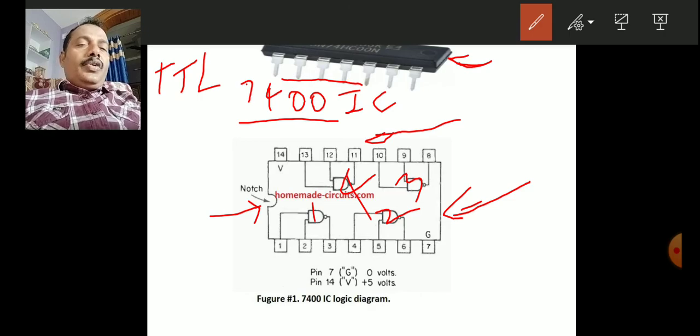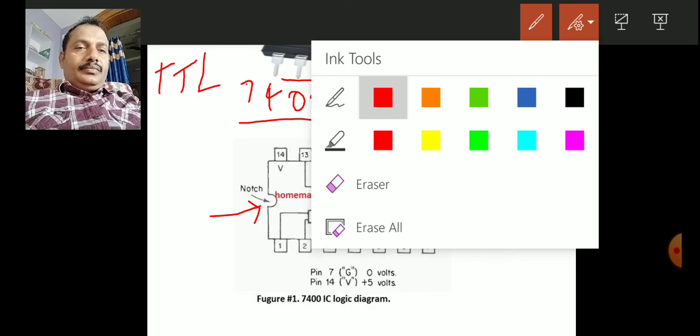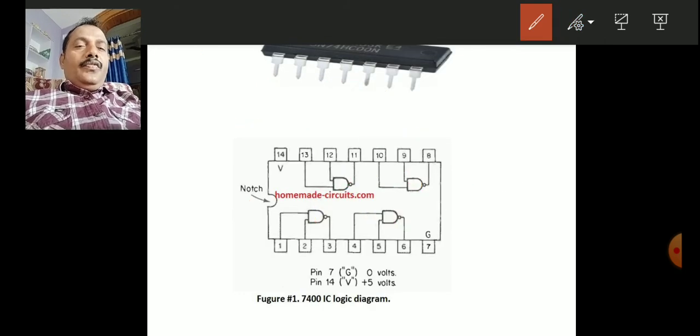So there are 4 NAND gates available to us. Observe here, first NAND gate. In the first NAND gate, inputs are pins 1 and 2. These 2 pins are inputs, and the third pin is the output pin for this NAND gate.